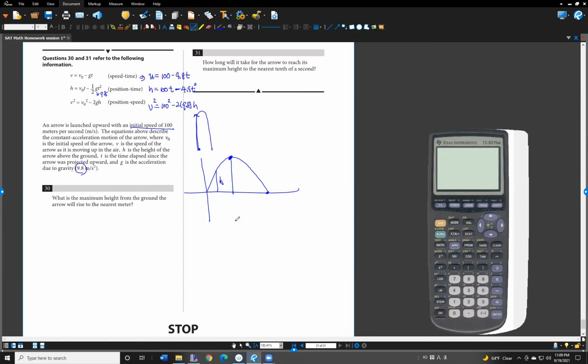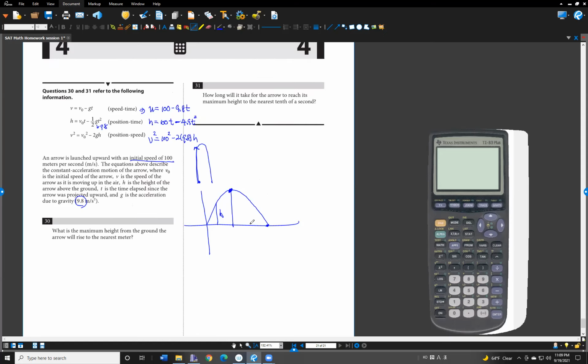All right, how can you find the maximum height? Maybe you can find it from these formulas. If you are familiar with the physics, at maximum height the velocity is 0.